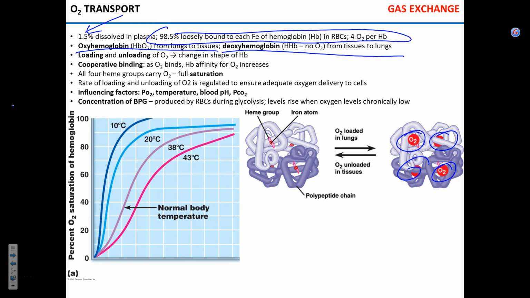The percentage of oxygen molecules that are bound to hemoglobin is called hemoglobin saturation. So if we have 2 molecules bound to a molecule of hemoglobin, what's the saturation? 50 percent. So one molecule can be 0, 25, 50, 75, 100%. Does that make sense?